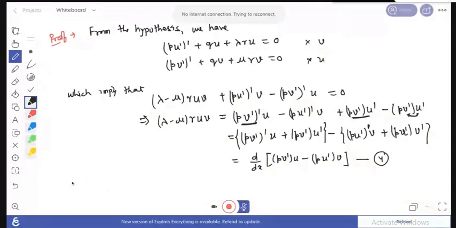So now integrating equation 4, because 2 and 3 are boundary conditions. Equation 4 leads to, you can write here, lambda minus mu and r u v.